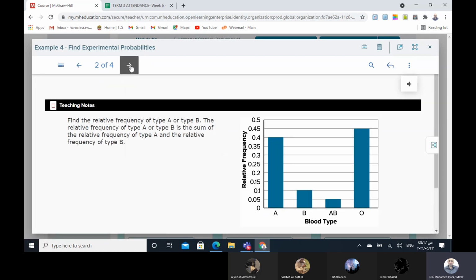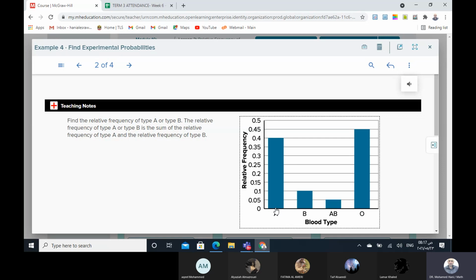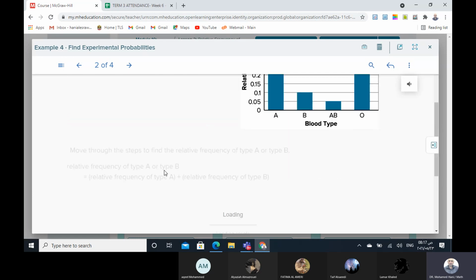So what do I do? Find the relative frequency of type A or type B. The relative frequency of type A or type B is the sum of the relative frequency of A and the relative frequency of type B. We have here A, the frequency is 0.4, and here B, the frequency is 0.1.